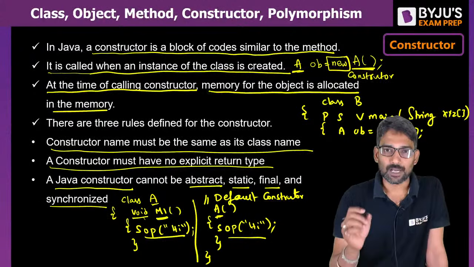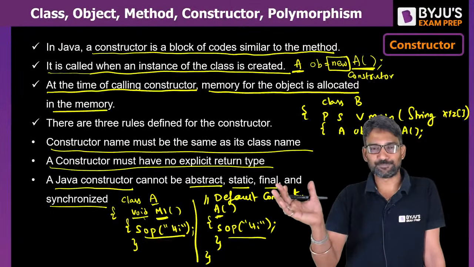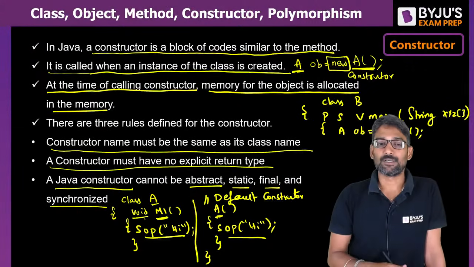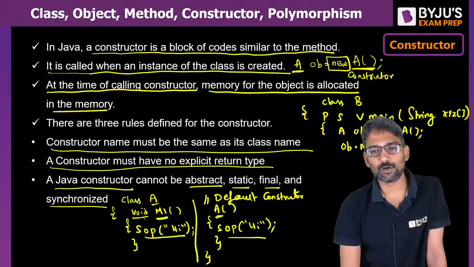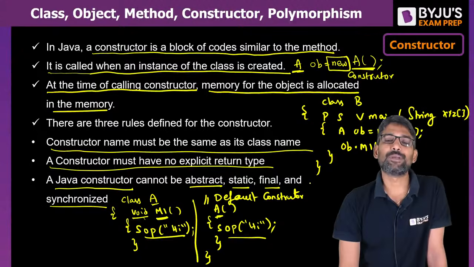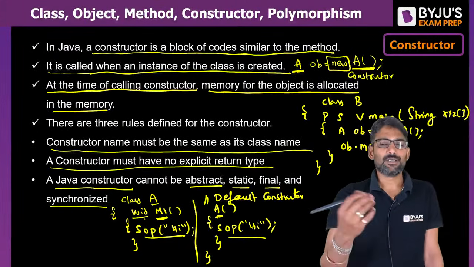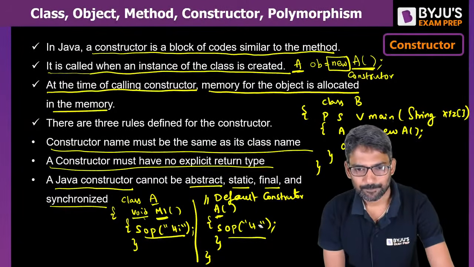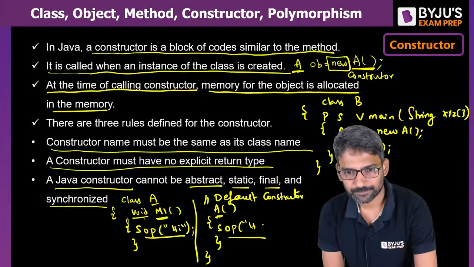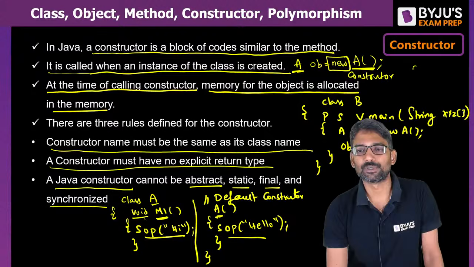Okay? And so here the constructor is directly invoked while creating an object, but M1 you have to call explicitly as ob.m1. But both print the same output, or if you want different code, different statements, you can write. Let's say I am writing hello in the constructor, hi in the method, then what output will you get?